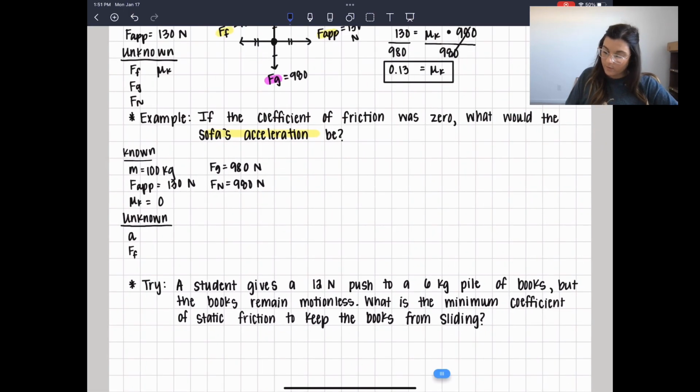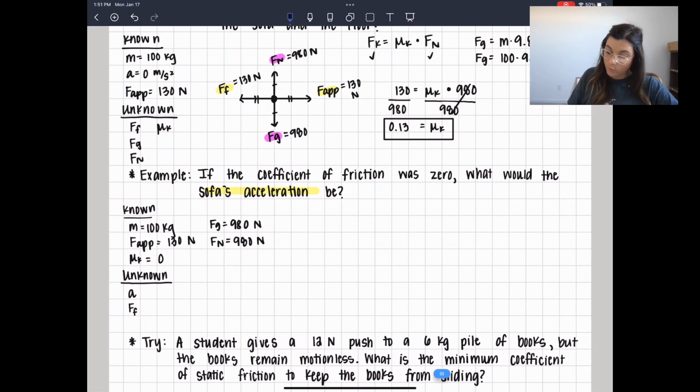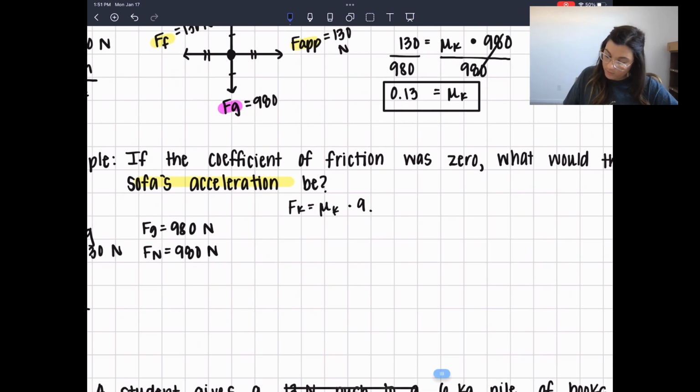If I'm just going to continue with the same force diagram, so I'm not going to redraw it, but I am going to think about that force of friction equation. If I know that my coefficient is 0, and I know that this equation needs my coefficient and it needs my normal force, which I've got, I could plug in and solve for friction, right?